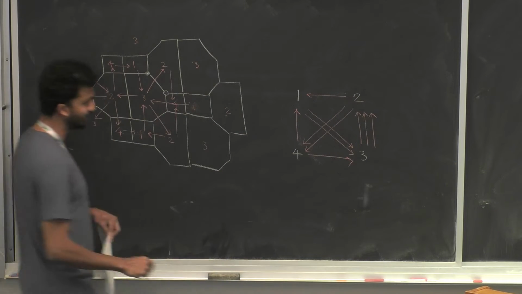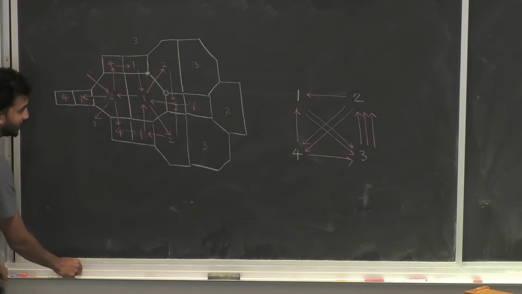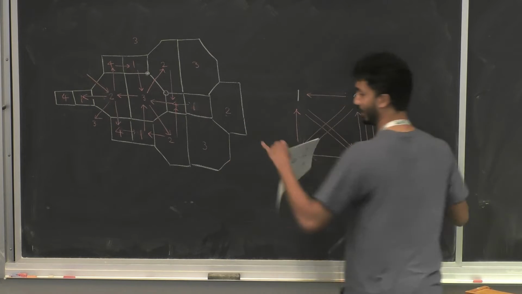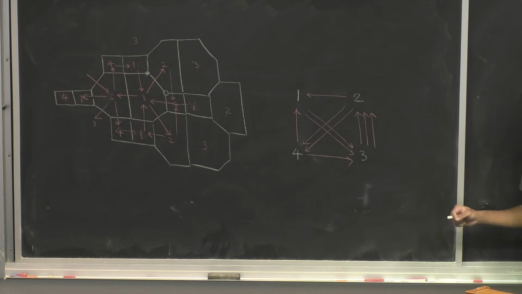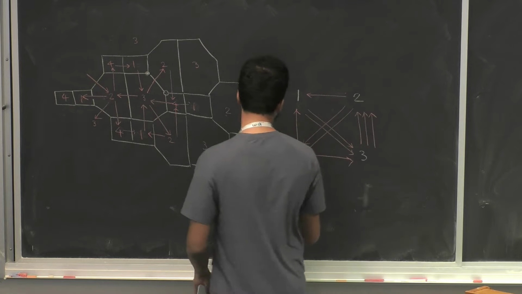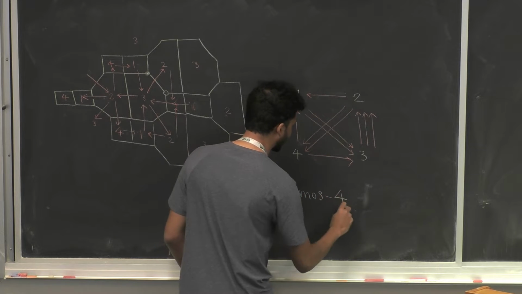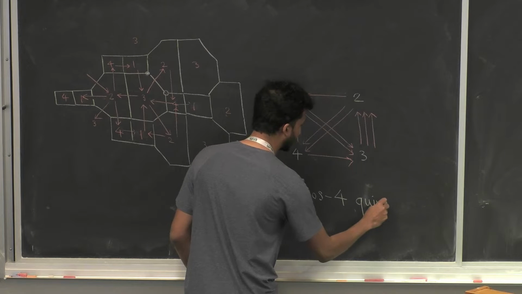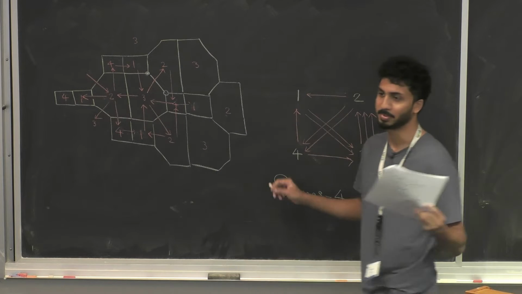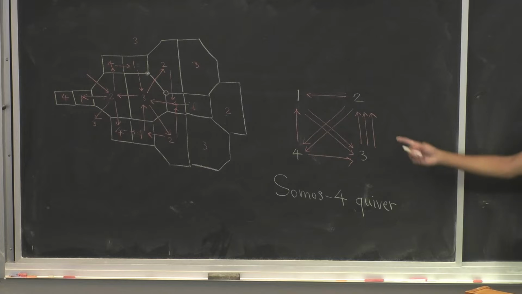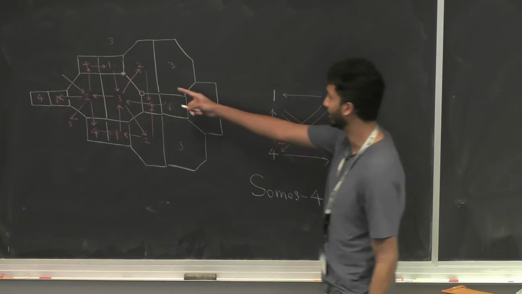Yeah, no, it's right. I had one of the directions wrong. So if you do this correctly, you should get this quiver over here. And this quiver is called the Sawmorse 4 quiver. Except this is a quiver that comes from studying a bipartite graph on a torus. And the quiver is naturally embedded inside a torus.